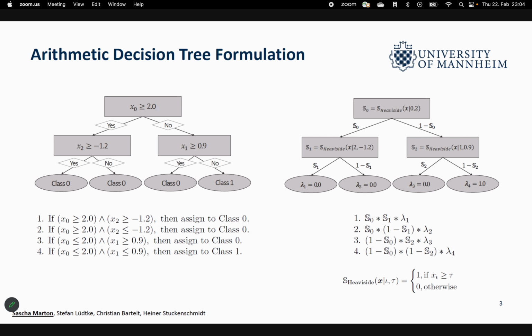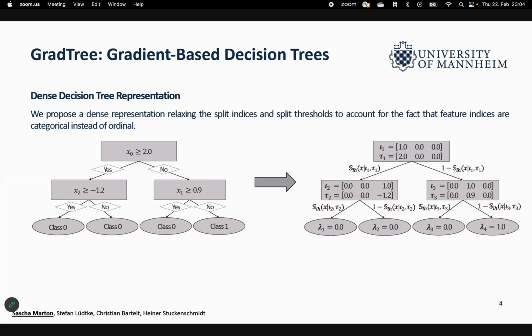We'll come to this in a second, but before that, we need one more thing, which we call a dense decision tree representation. We propose a dense representation which relaxes the split indices and split thresholds to account for the fact that the feature indices are categorical instead of ordinal. Essentially, we are transforming a decision tree as shown on the left into our dense representation shown on the right.